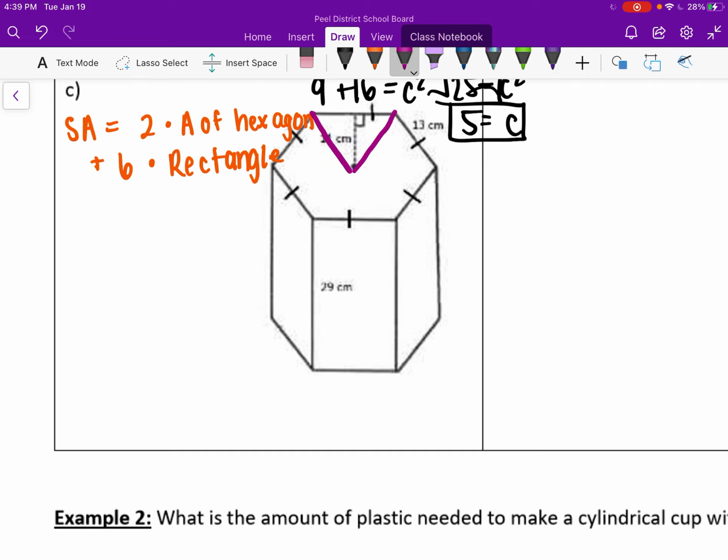Like we remember from last class, the area of the hexagon is equal to 6 times the area of the triangle, so base times height divided by 2. So let's just do that 6 times. We're going to take this triangle and pull it out so you can see it properly.